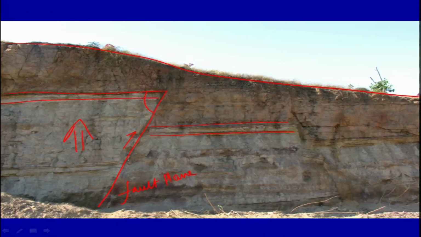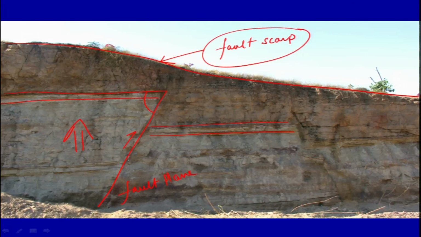So this topography which you will be able to see on surface in a plan view is termed as fault scarp. So we won't be able to see the section using satellite photographs or satellite data, but we will be able to see the fault scarps.